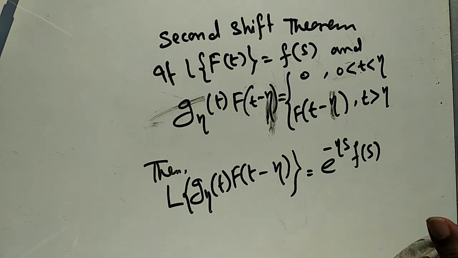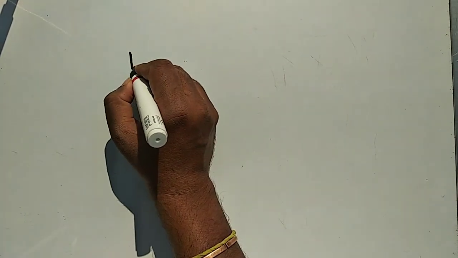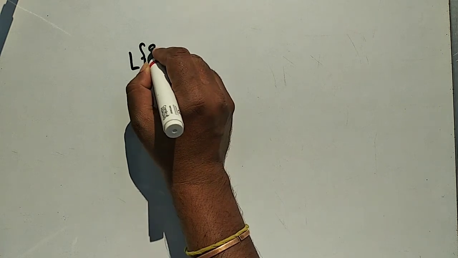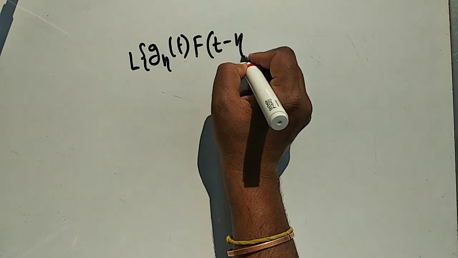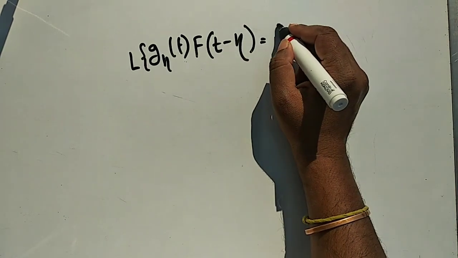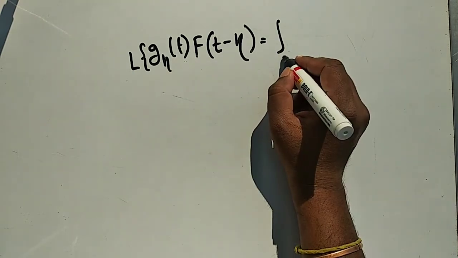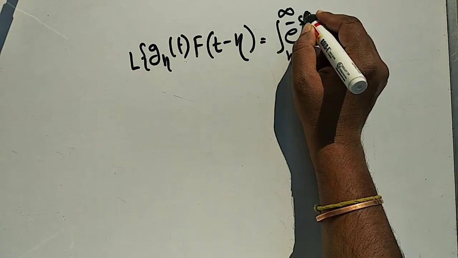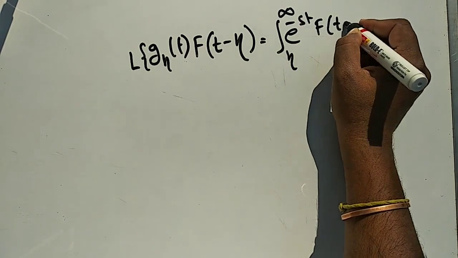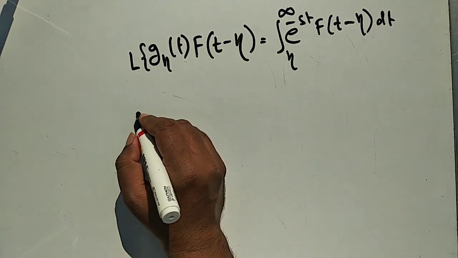How to prove the result? This is actually easy. The Laplace transformation of g_eta(t) f(t minus eta) is the same as, because this is a step function, you can directly write the integral from eta to infinity of e to the power minus st f(t minus eta) dt.